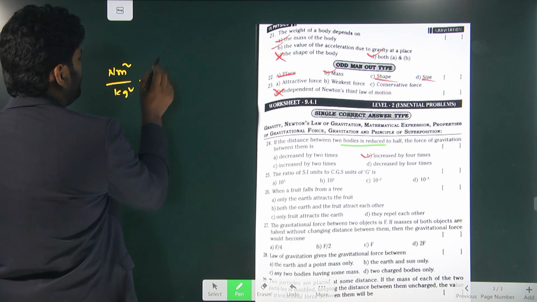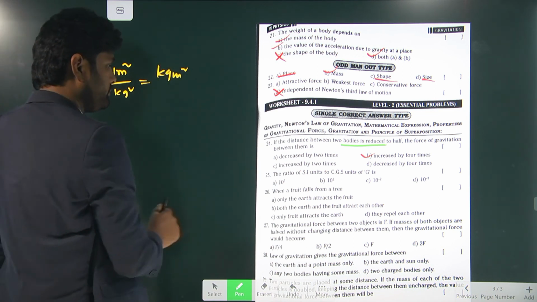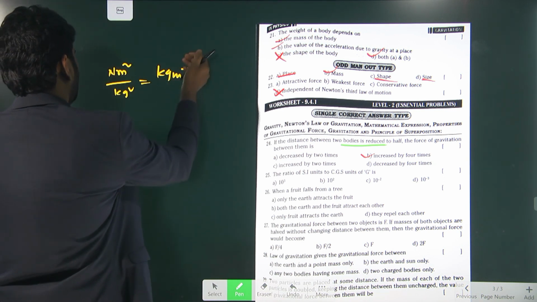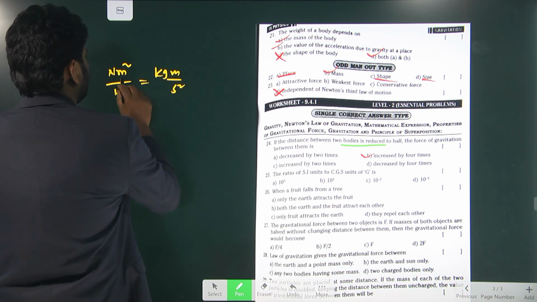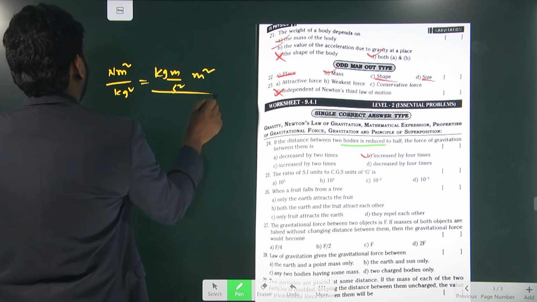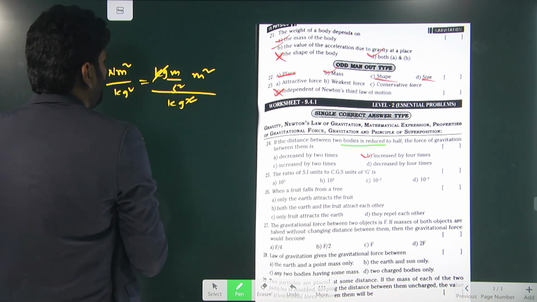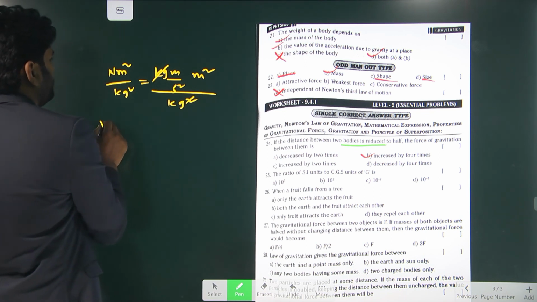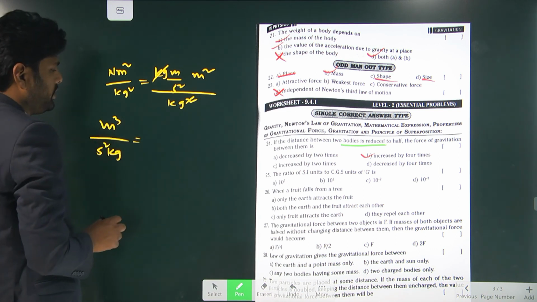Newton means mass into acceleration, sorry, Newton means kg meter per second square. So this is meter square per kg square, one kg gets cancelled. Remaining thing is meter cube per second square per kg. So 1 meter is equal to how many centimeter?